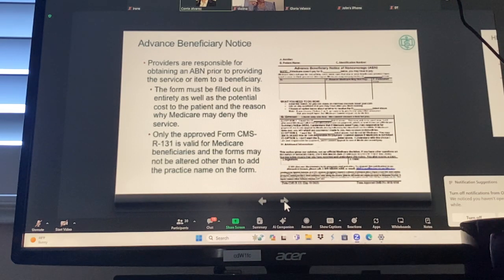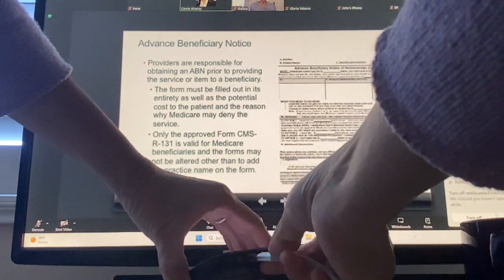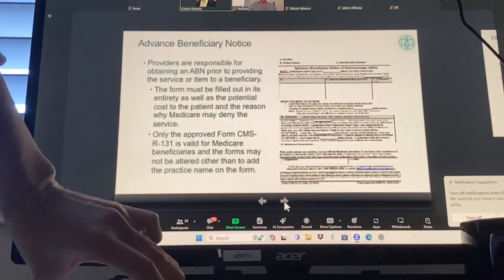advance beneficiary notice. And there may be a question about what is an ABN. This is a form that is signed by Medicare patients prior to treatment or testing performed that is not going to be approved, that is not deemed medically necessary by Medicare.